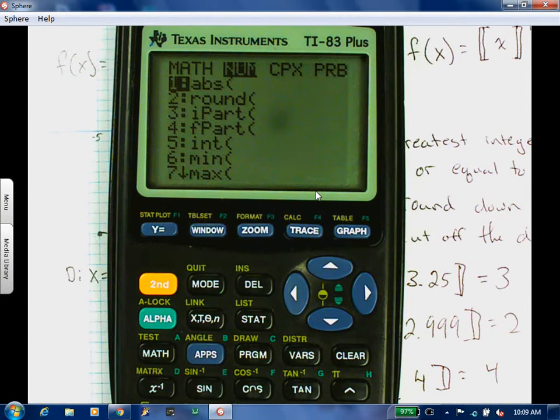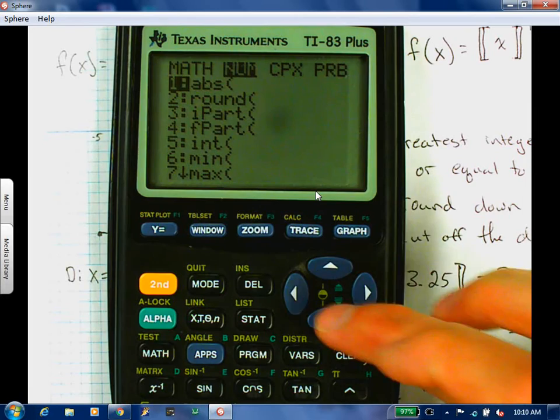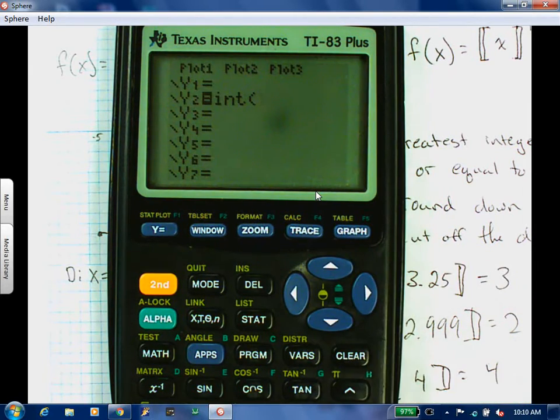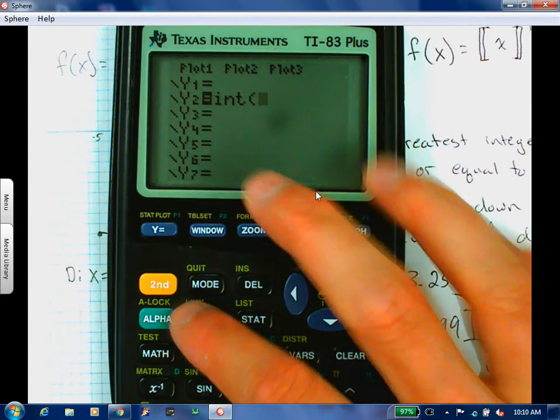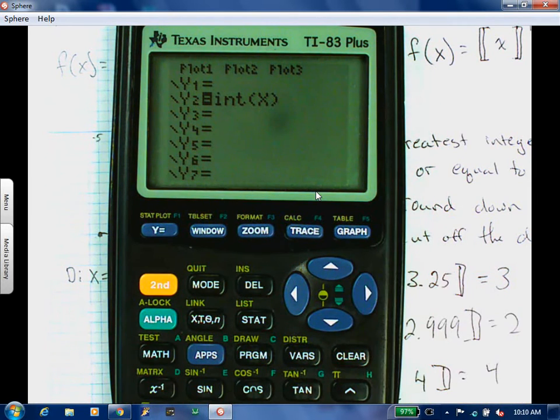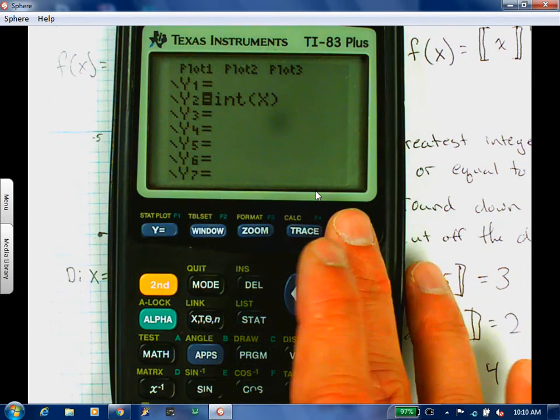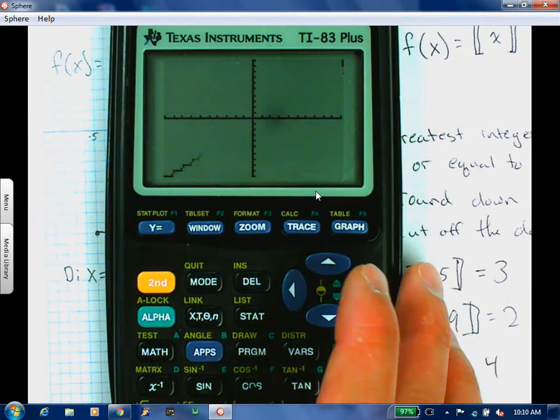Good job, Bethany. You can put it as Y1, that's okay. Now, I think Kale's will look pretty good. The rest of you will probably look like mine, where it shows those little vertical steps.